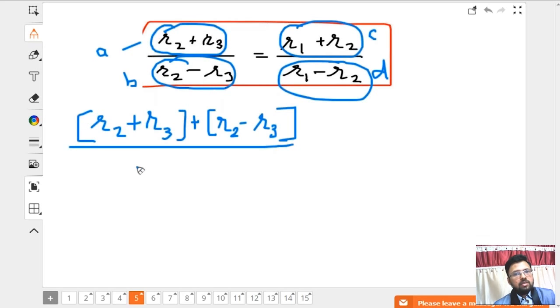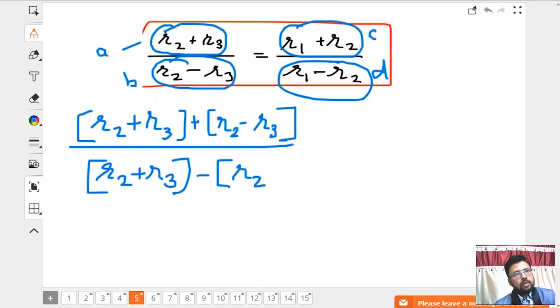Very good. R2 plus R3 minus R2 minus R3. And on the right hand side, what will we get?